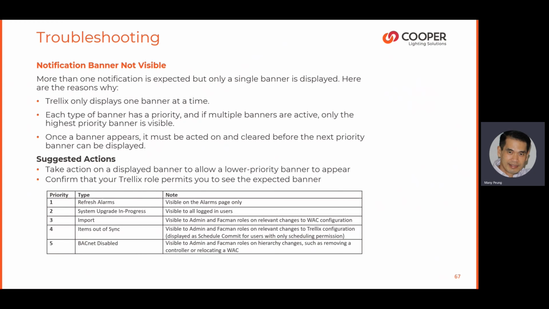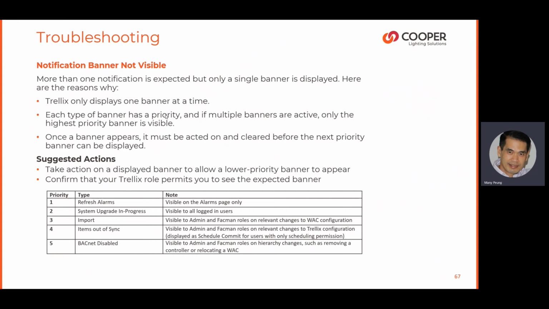Depending on what role you have, administrator or end user, just a viewer role, you may not have the ability to see those banners. If you have a facility manager role, your ability to see the banner can be limited as well. So make sure you have the right role in order to see the banner showing up.